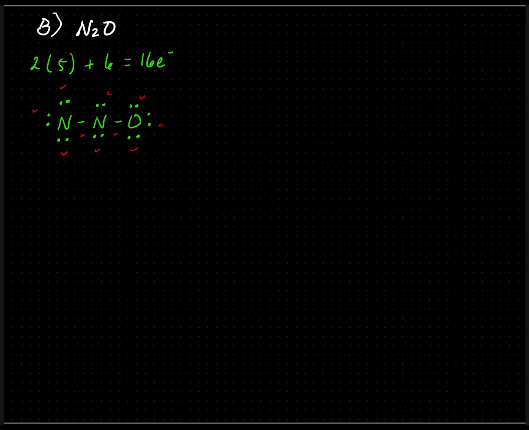So this structure is not correct. 20 electrons, which is from the Lewis dot structure of all single bonds, minus 16 electrons, gives you 4 electrons. Each bond has 2 electrons, so this one has 2 extra bonds.